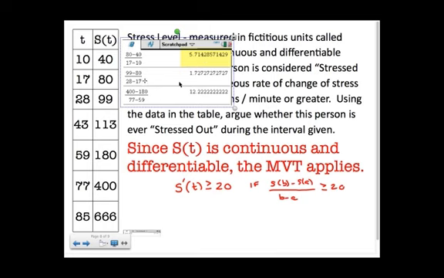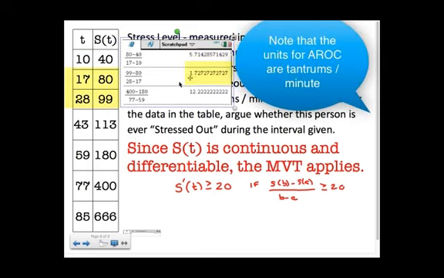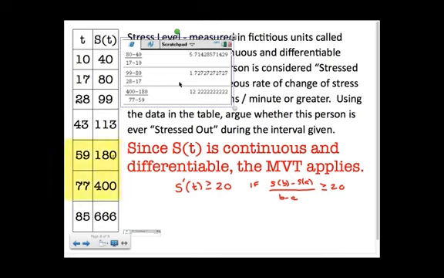That's not big enough. Then I did 99 and 80, and I got 1.727. That's not enough to be considered stressed out. So then I went down a ways and I checked 77, 400 and 59, 180. Their average rate of change came out to be 12.222. So that's closer, but still not enough to be considered stressed out.